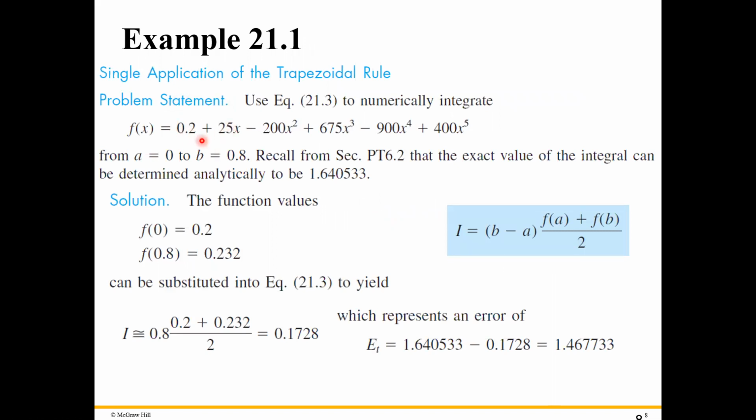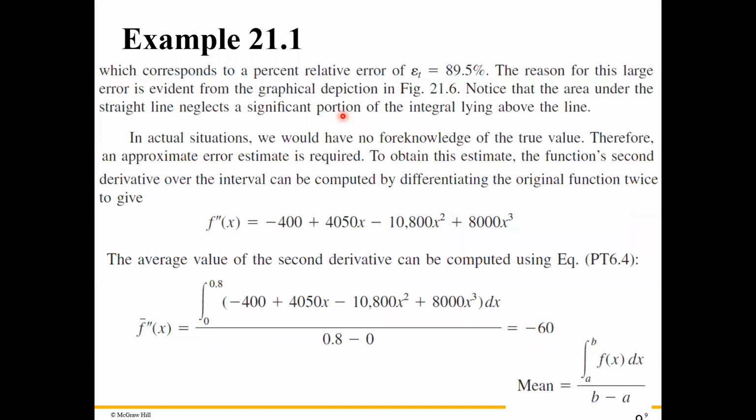These two terms will go out. The second derivative of this will be 200 times 2, which is minus 400, and then 3 times 7.65 times 2. So it will be like this, and here we can find the second derivative.